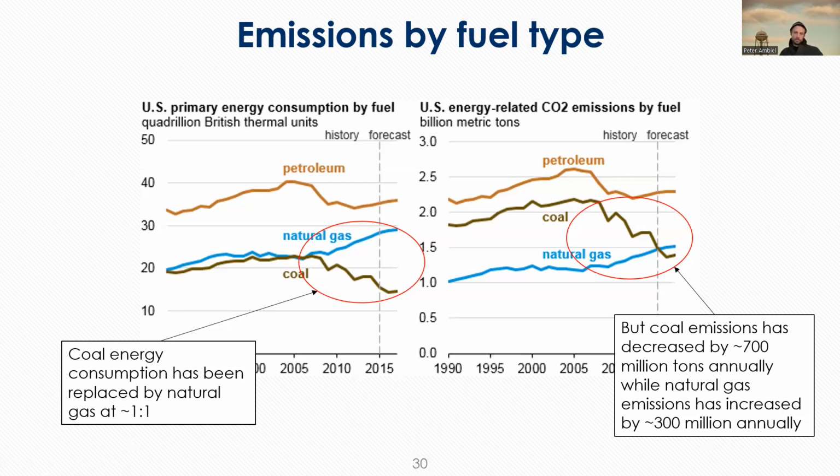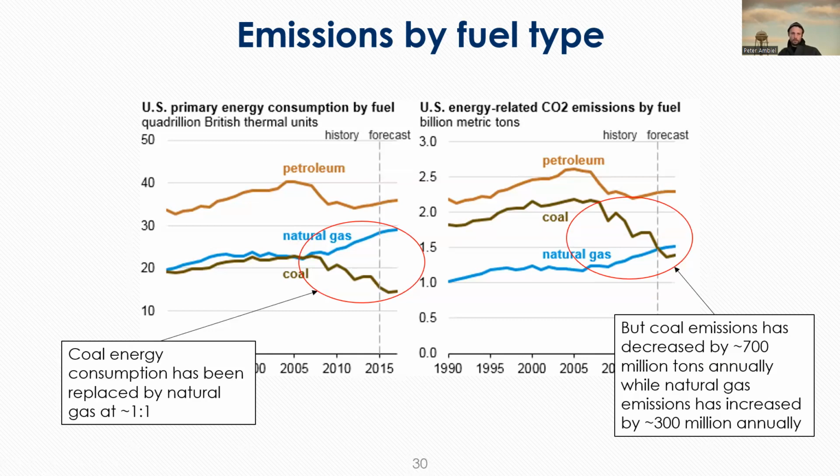And as much as we think about a fossil fuel free future in order to combat climate change, probably easily one of the biggest things in terms of emissions reduction over the last decade has been this switch, which has really dominated a lot of the CO2 emissions reduction across all sectors in the US.